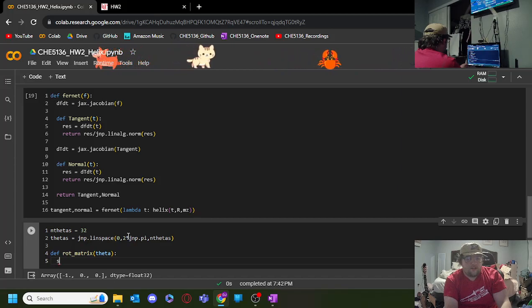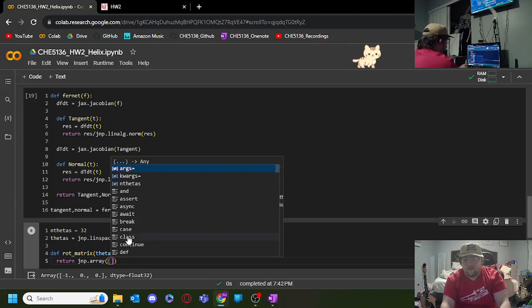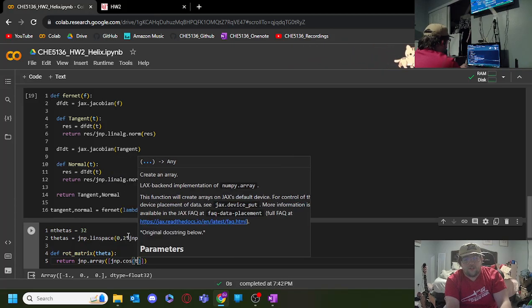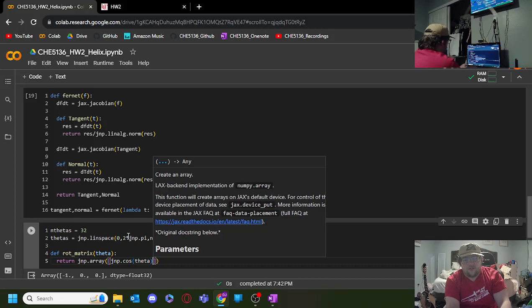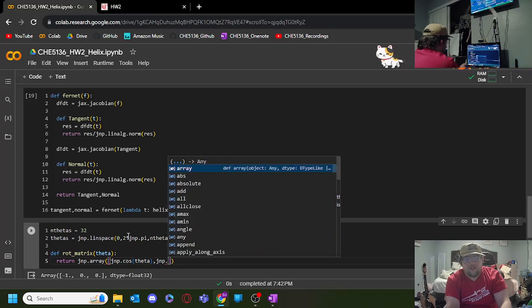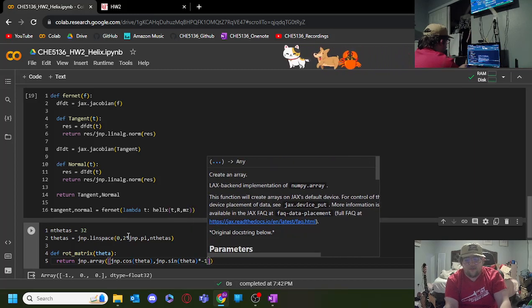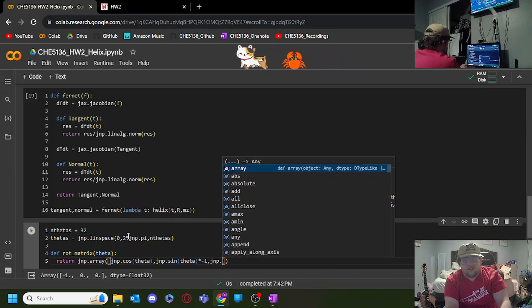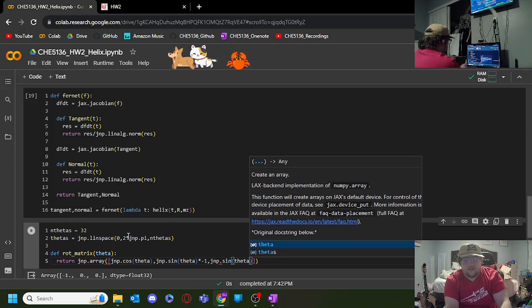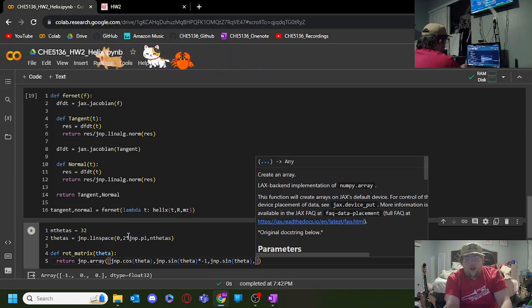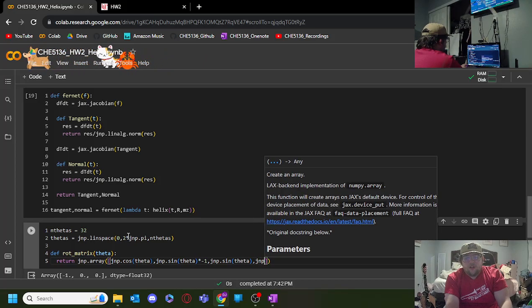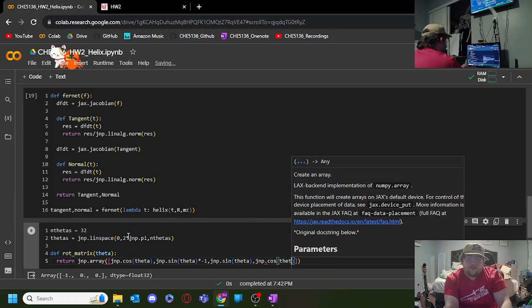With that, what we'll do is just make a JAX array, and then jnp.cos of theta, jnp.sin of theta, jnp.sin of theta, and then jnp.cos theta.